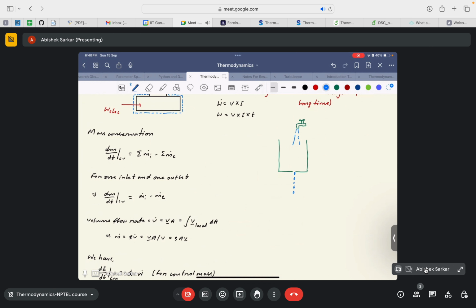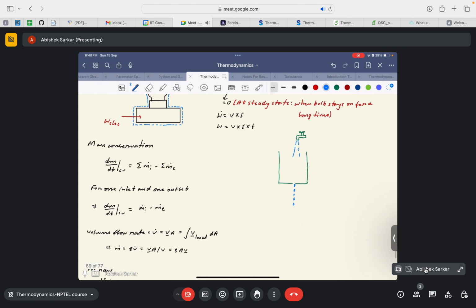So what do you think would happen to the level of water in the bucket? Will it go up, will it go down, or remain constant, given that the flow rate from the tap is much higher than the flow rate oozing out from the hole below the bucket?